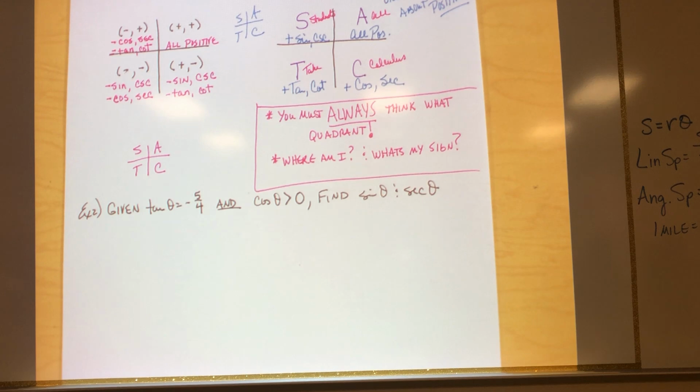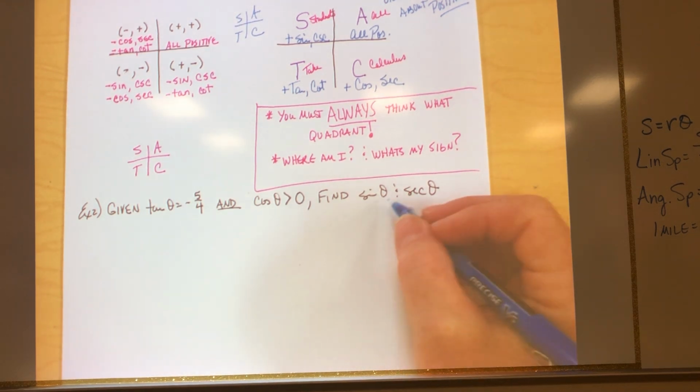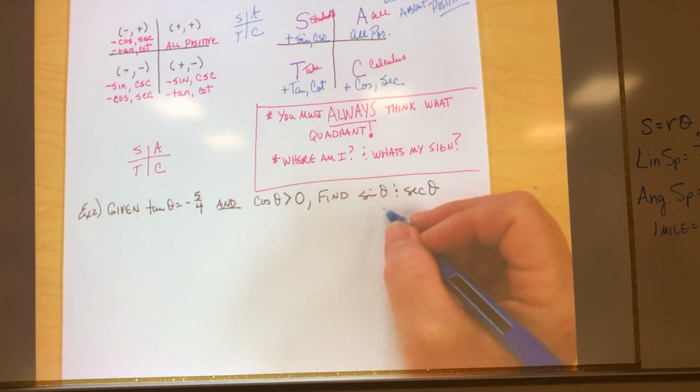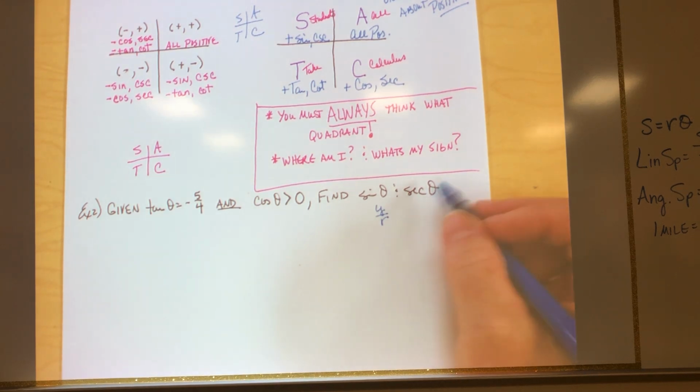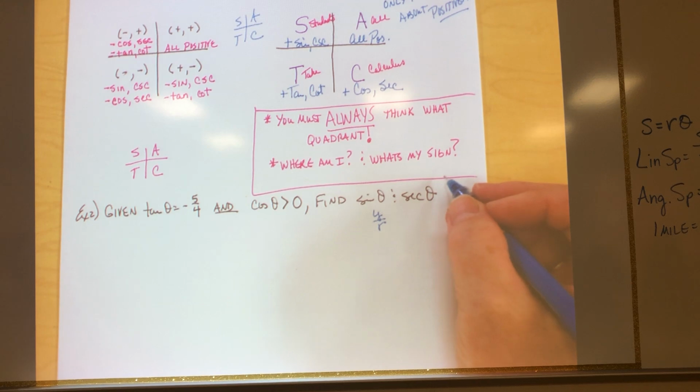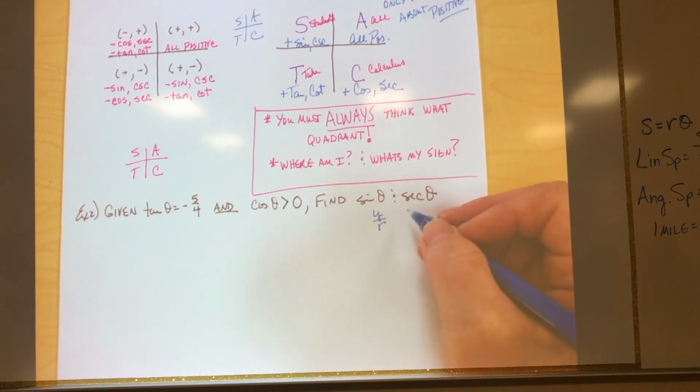So let's see if we can do these little definitions. First of all, what's the definition of the sine of theta? Y over R. Now look, my brain does not do secant. My brain does cosine and then flips it.